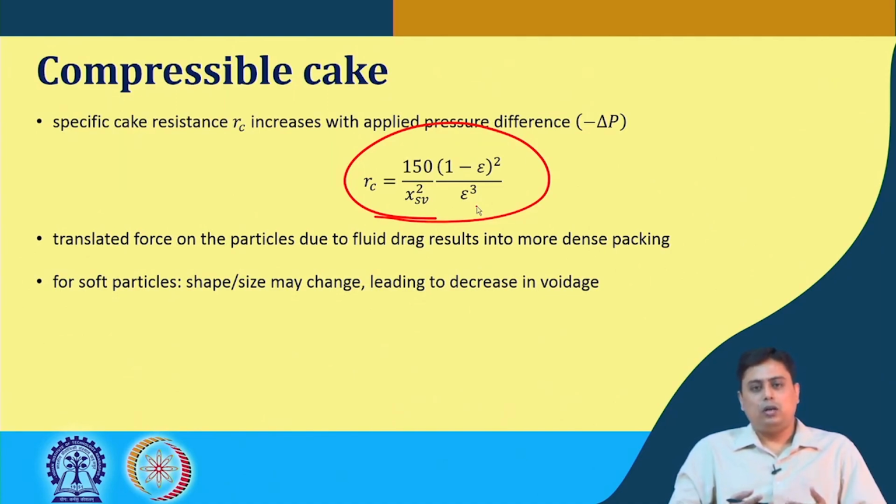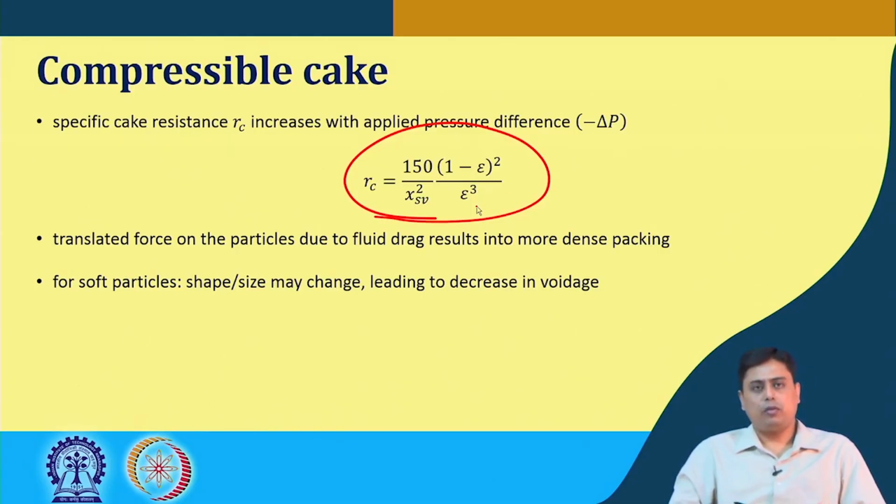So, the particles lying exactly on the filter media feel a force that is the summation of all the particles deposited on top of them, up to the upstream surface of the cake deposition layer. This makes the packing denser, and as the pressure difference changes, this becomes influenced. So, the cake porosity changes with the applied pressure.